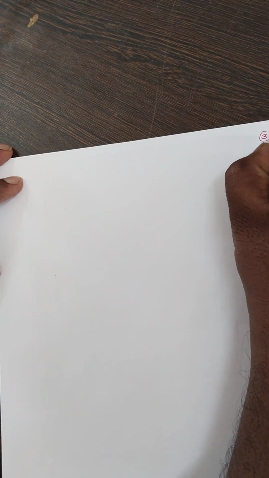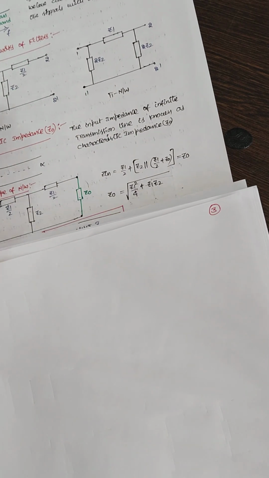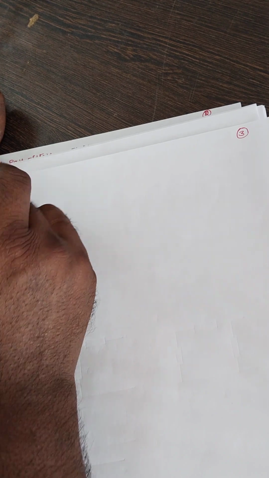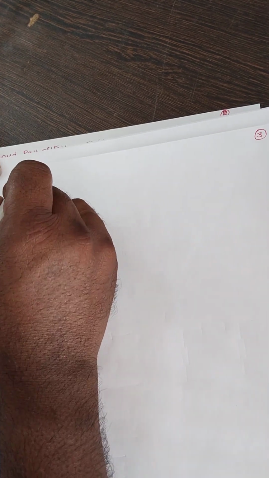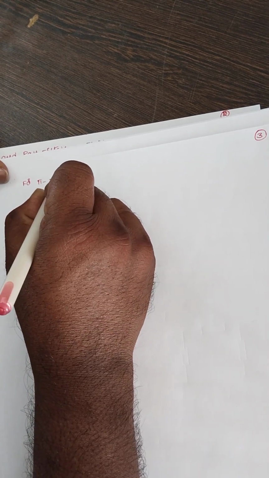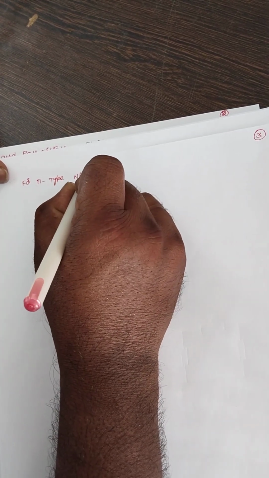Next thing here, for T type of network, the characteristic impedance, I just found it, Z0 is equal to this one. Next, coming to the pi type of network, what is the characteristic impedance?